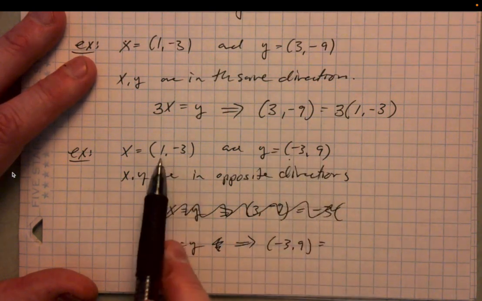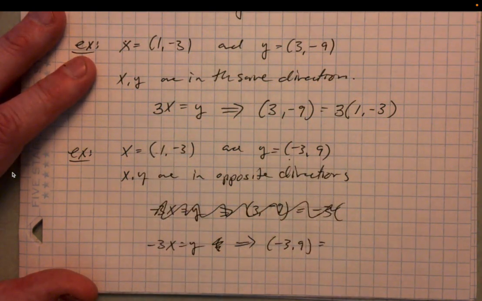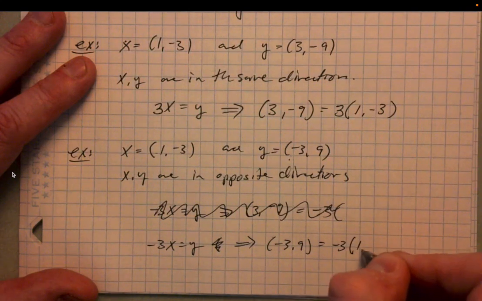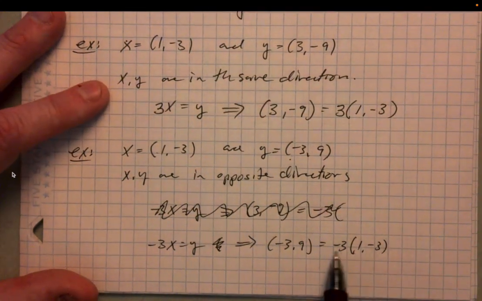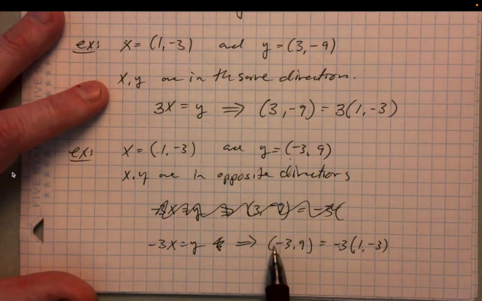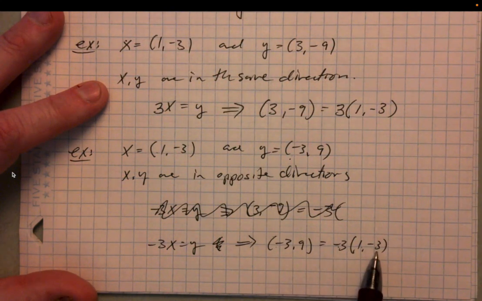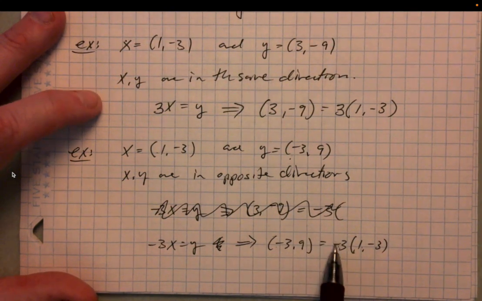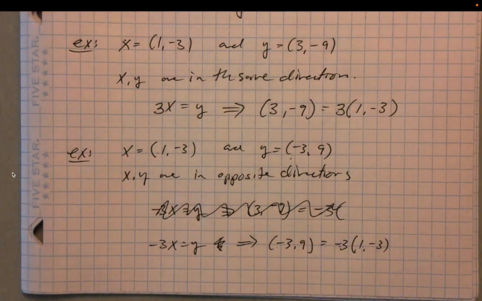Y is equal to negative 3 times this: the negative 3 times 1 gives you the negative 3, and the negative 3 times negative 3 gives you the positive 9. So the negative flips the direction of this vector.